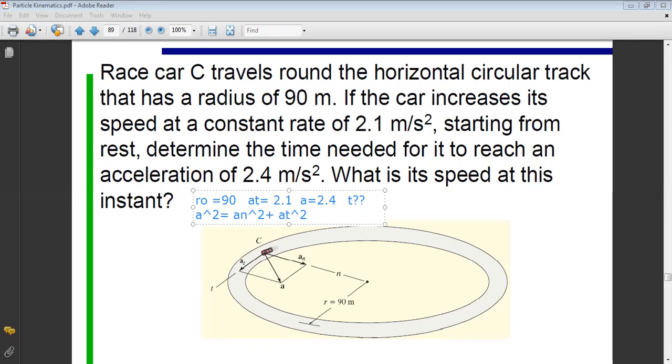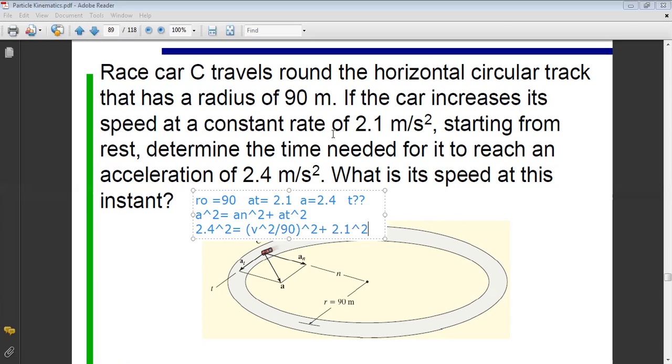So now I will replace directly an, a and at by their values. a is 2.4, so 2.4 squared equals an, which I will replace by v squared over rho, and rho is given, it's 90, the whole term squared, plus at, which is 2.1 squared. Now, since they didn't ask first for the speed, they asked first for the time, we should express v as a function of time and replace it in this equation.